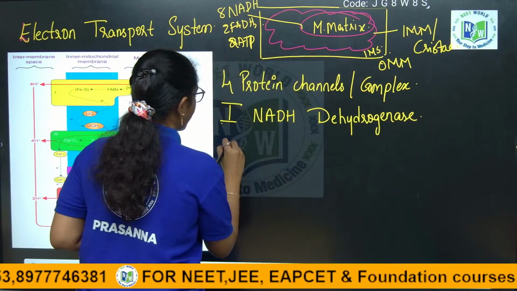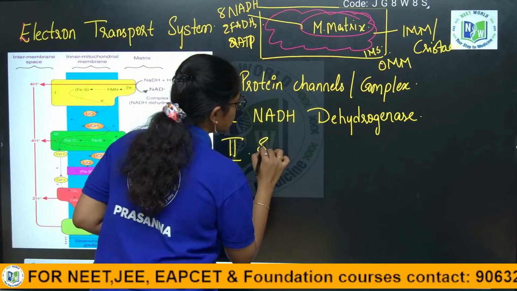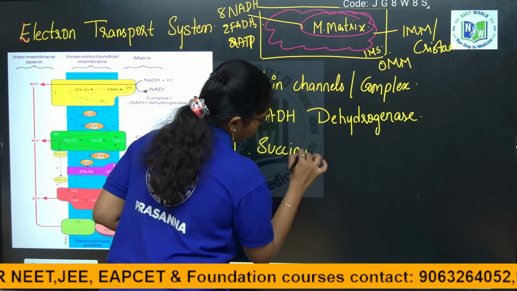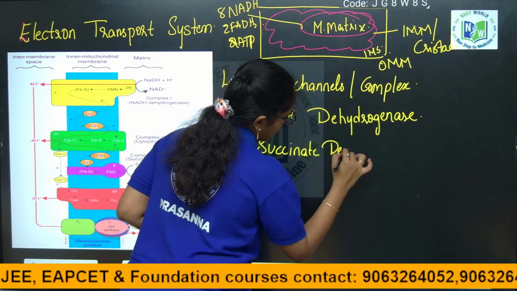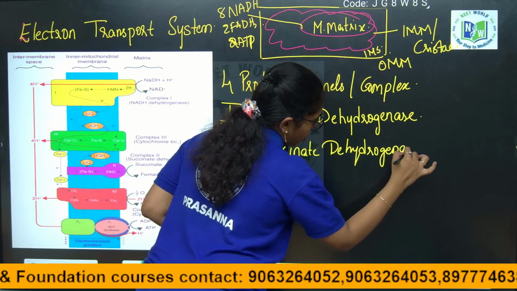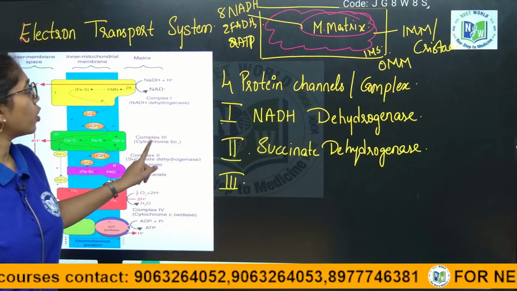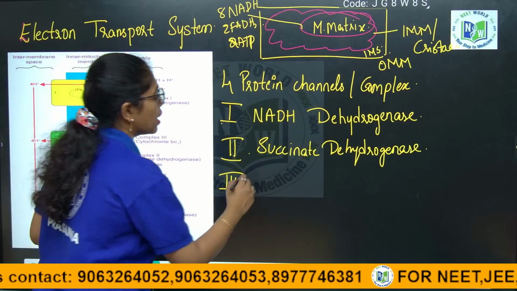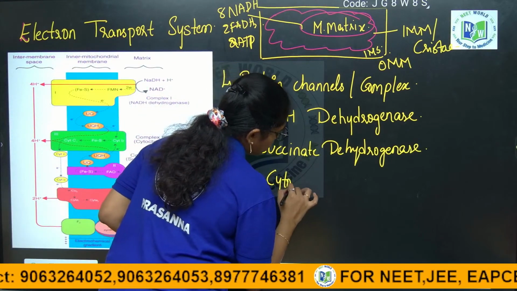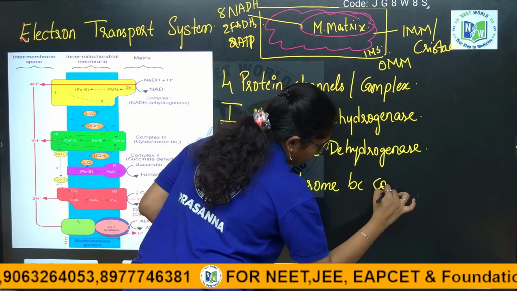Complex 2 is called succinate dehydrogenase. Complex 3 is called cytochrome BC complex.